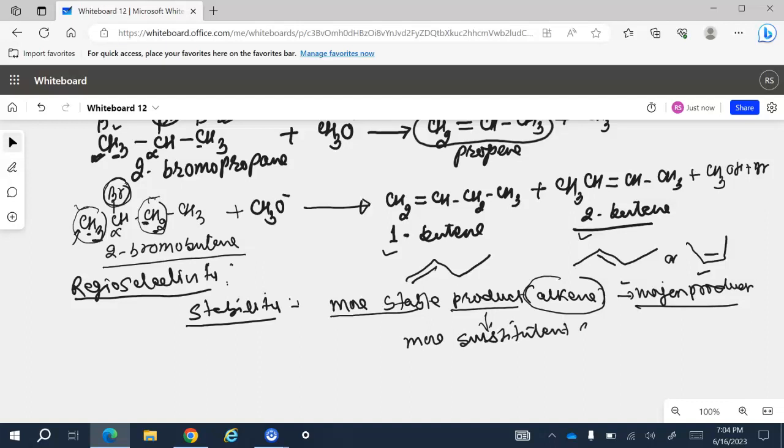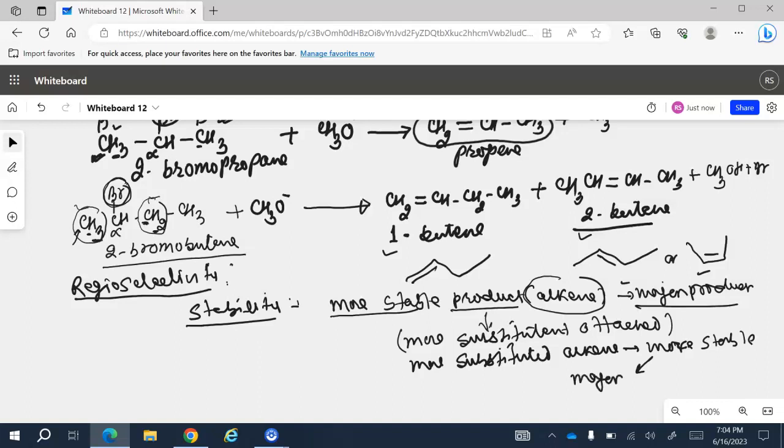More substituents attached means a more substituted alkene will be more stable, and hence that will be the major product.